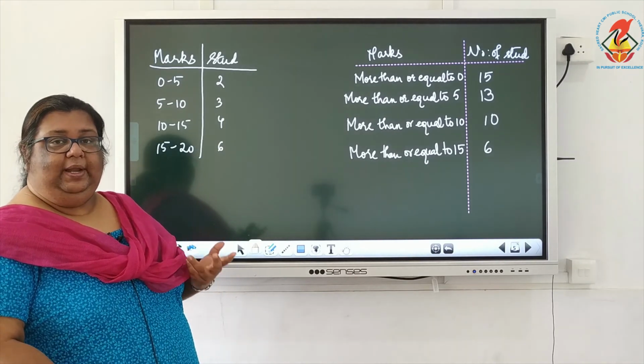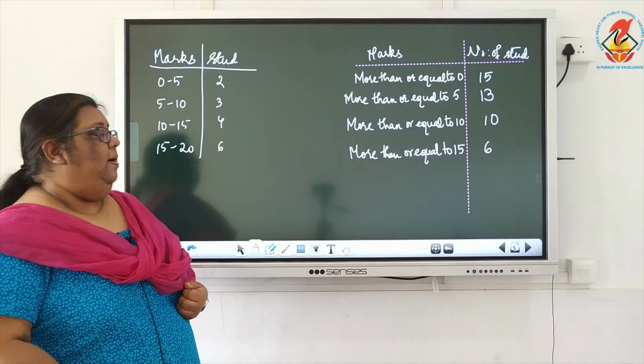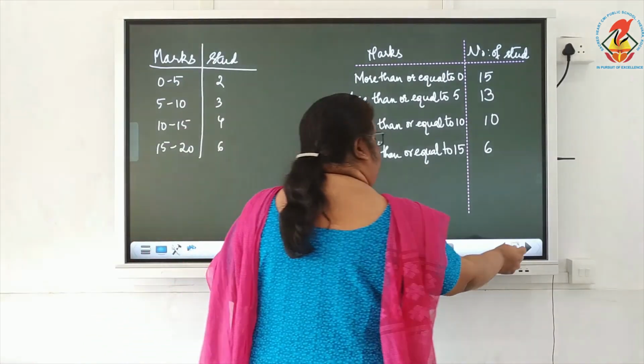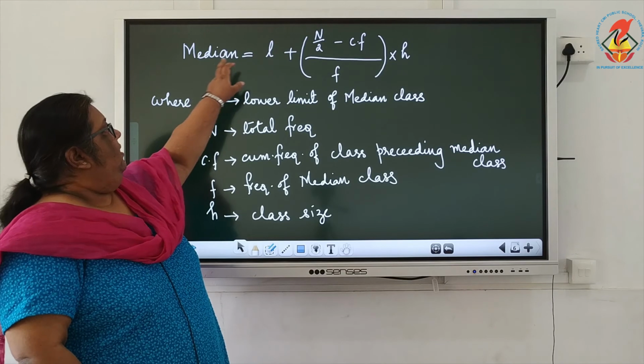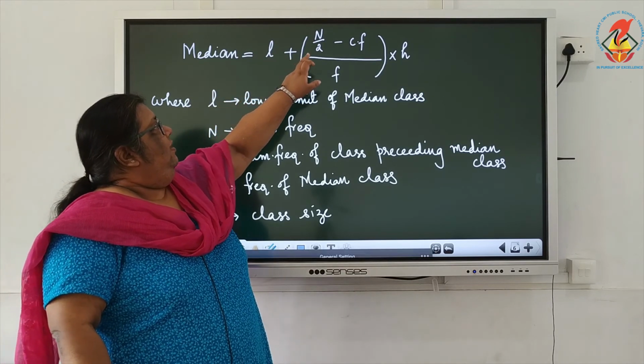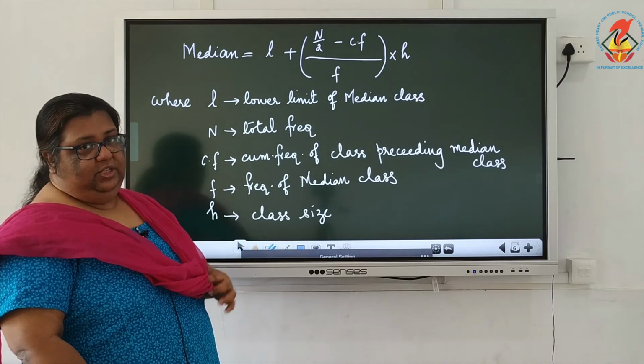If you know the cumulative frequency of a data, we can find the median with the help of the following formula. Median equals L plus n by 2 minus Cf by f into h.